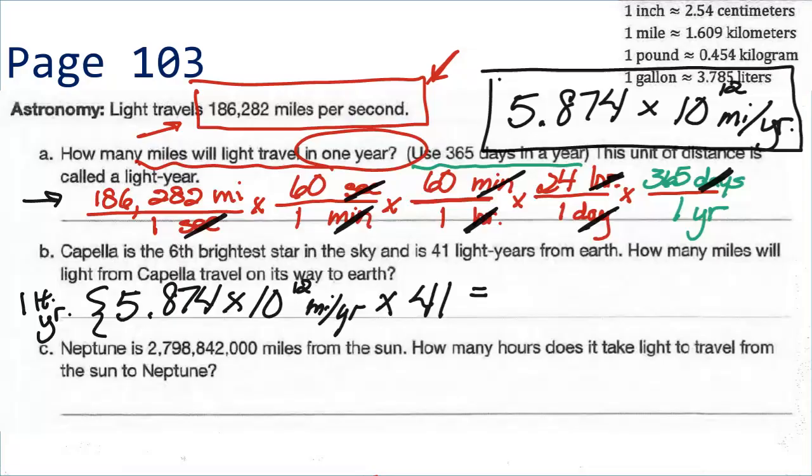Eek. I can't even read my own writing. So 5.874 times 10 to the 12th times 41 gives 2.408 times 10 to what power? 14.